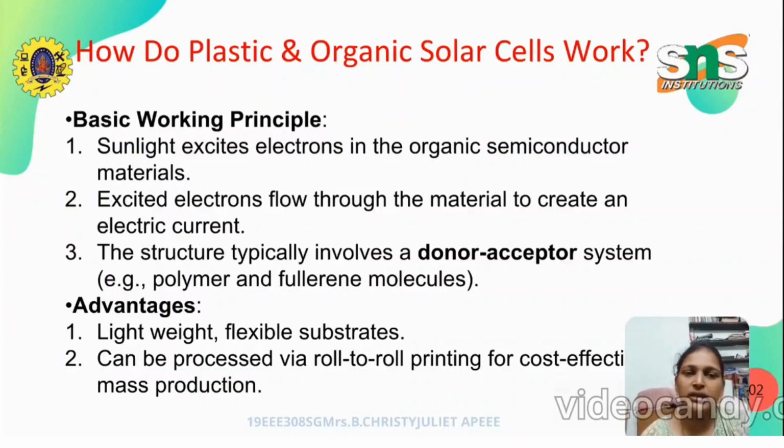Now, why do we need these plastic solar cells? Because they are lightweight and have flexible substrates, and that is why they can be processed through roll-to-roll printing for cost-effective mass production. So we can easily roll it, carry it everywhere, and fix it on any type of surface. And that is why these types of solar cells are high in production, and also cost effective.